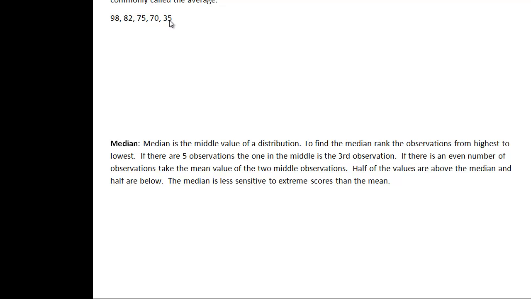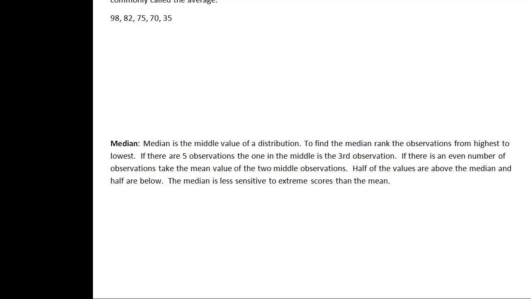And it looks like this 35 is quite a bit below the other scores. So I think my mean is going to be lower than my median, because that outlier, that much lower score, is going to bring down my class average. So let's just calculate it here.